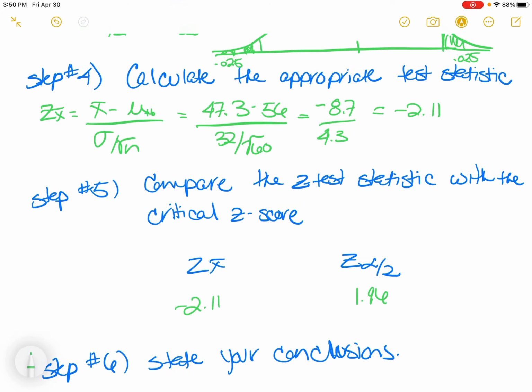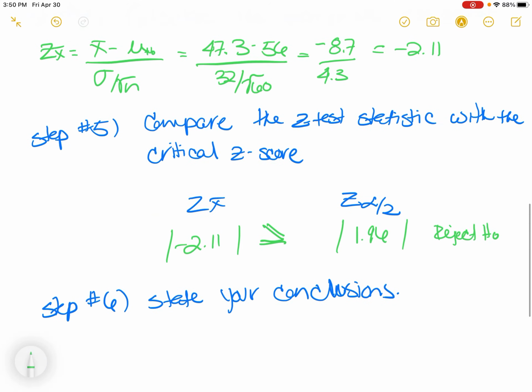And that's a negative. But when we're looking at our table, it tells us that we're also going to take the absolute value. The table also tells us that if our test statistic is greater than our critical value, that we reject H naught.